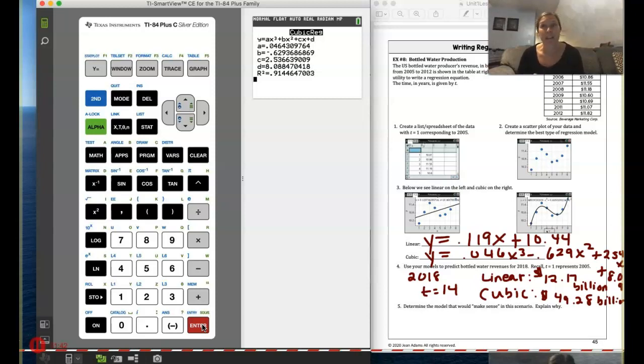I don't know if maybe I'm missing something, but I feel like that's slow growth production as opposed to something really quick. Usually when something grows very quickly, like technology, I would call that more of a cubic type scenario. I think a linear model makes the most sense here. So linear makes the most sense.